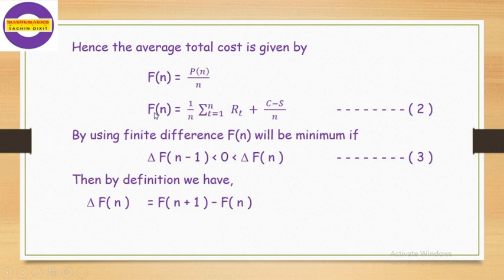Now we know the value of f(n). By using this f(n), we can find out the value of f(n plus 1), and we put here. We get del f(n) equals P(n plus 1) divided by n plus 1 minus P(n) divided by n.